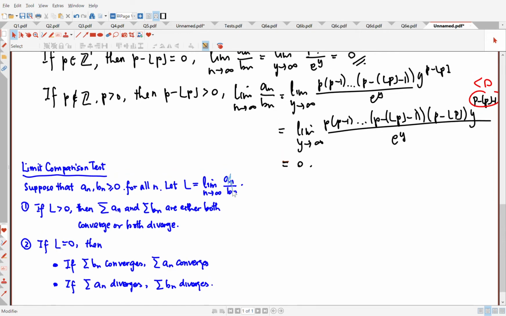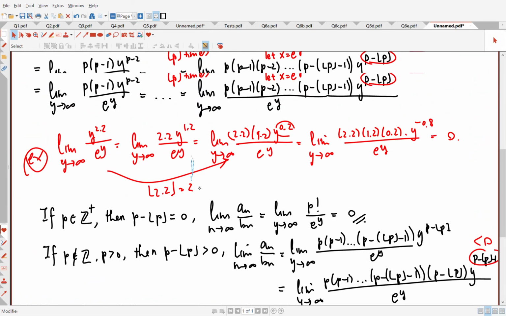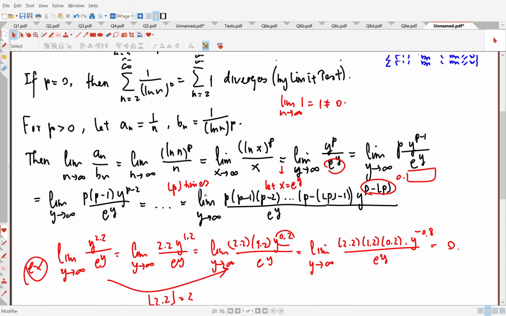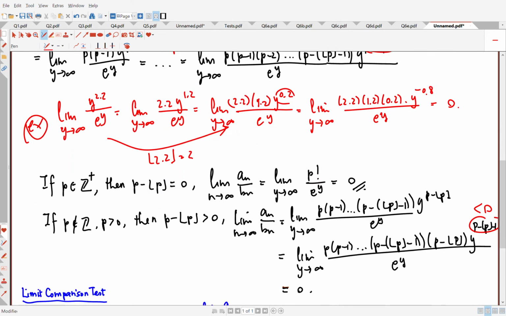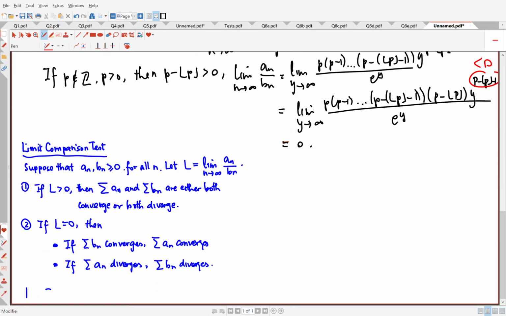And we also have our an, which is this, that the sum of an diverges. So we can conclude that the sum of bn diverges.